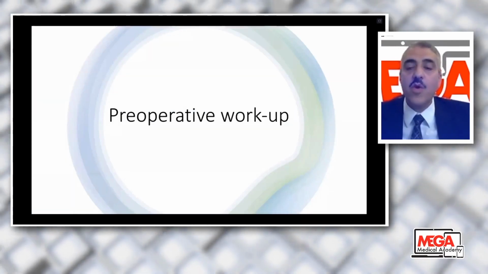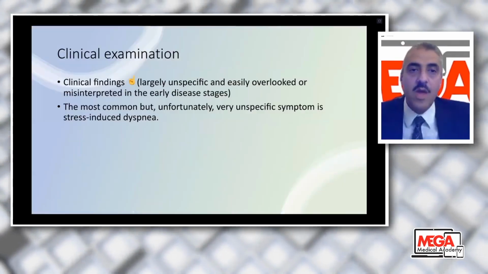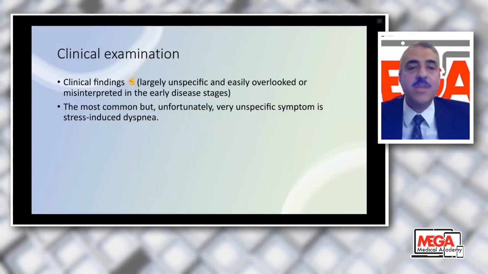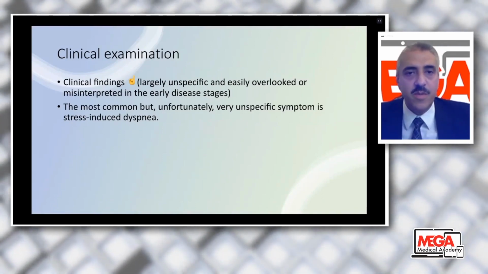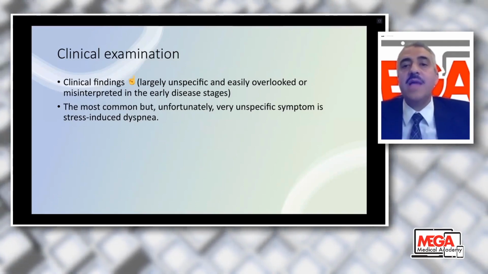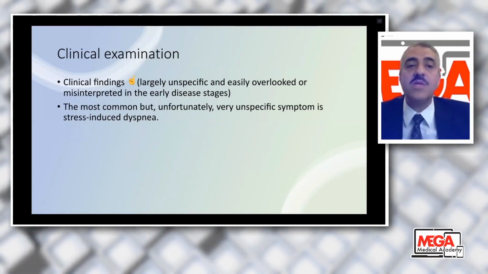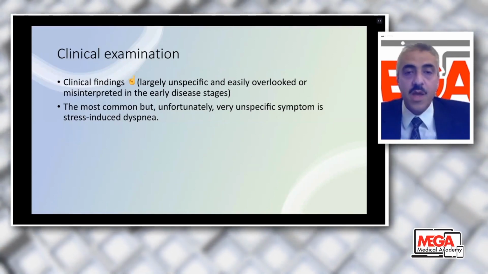What is the preoperative workup the anesthesiologist should know and practice? First, the clinical examination. As we said before about the clinical findings, unfortunately it is largely unspecific and easily overlooked or misinterpreted in the early stages of the disease.